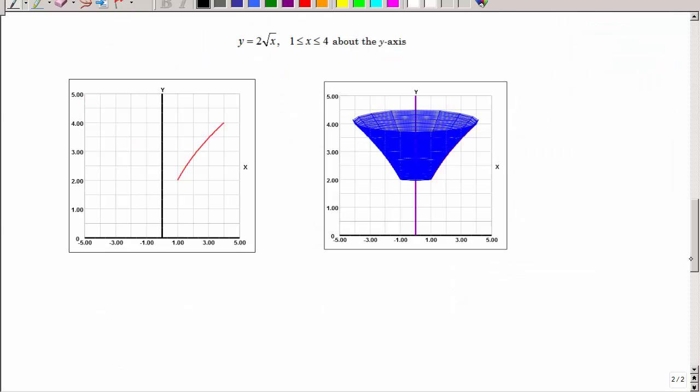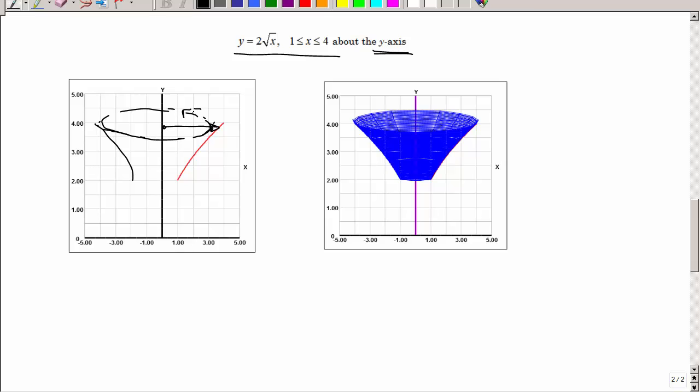Let's take that same equation, same given information, but this time we want to go about the y-axis. So believe it or not, this is the same curve. The scale is just a little bit different so we can see it. So you can see that we're going to revolve this around the y-axis. So the first thing I'm going to do is I'm going to say, what is r?